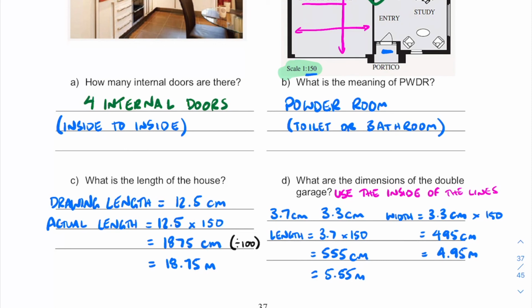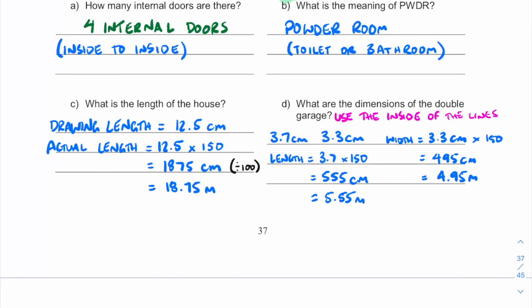Okay, and so our dimensions are just 5.55 meters by 4.95 meters. Now again, slightly different to the actual information in the textbook because my picture's slightly different to theirs. Okay, but the basic understanding of that process is all the same.